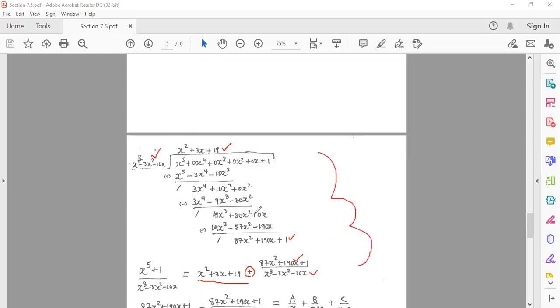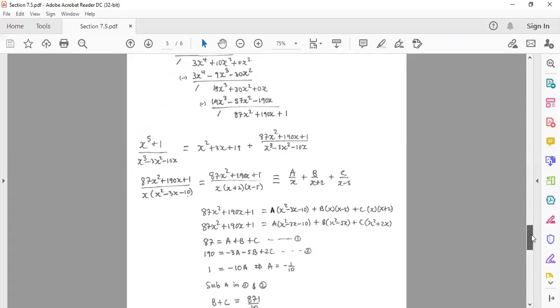Long division, for example, counts a lot of marks. If you write it in this form, then I assume that you know what you're doing. And from this step, obviously, you proceed with factorizing and then trying to apply partial fractions. So just go down.